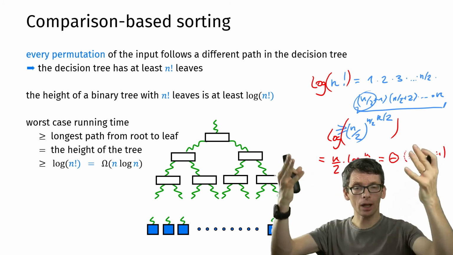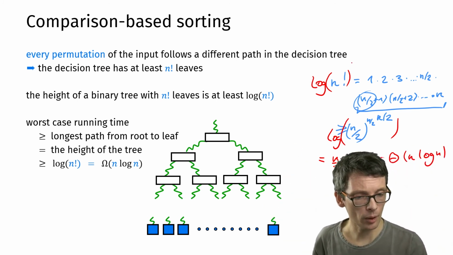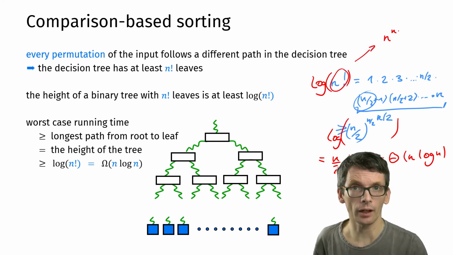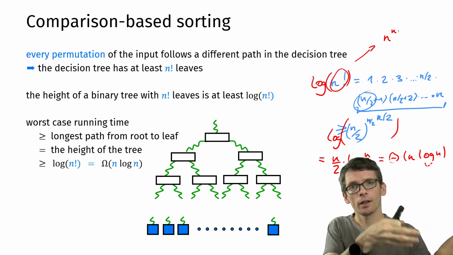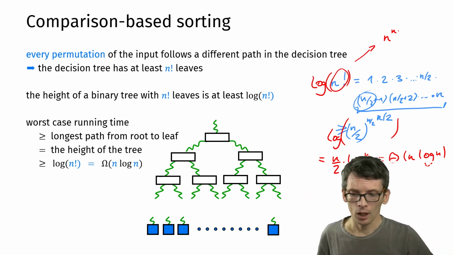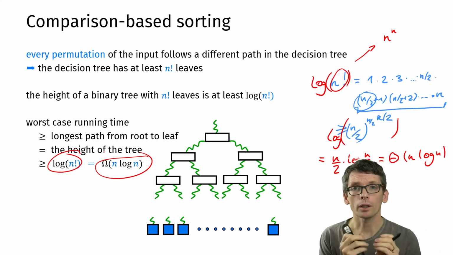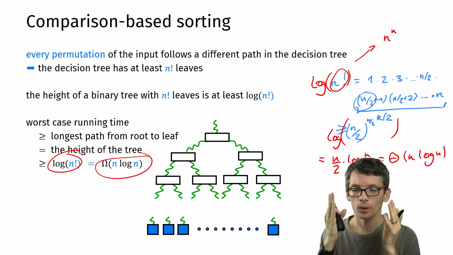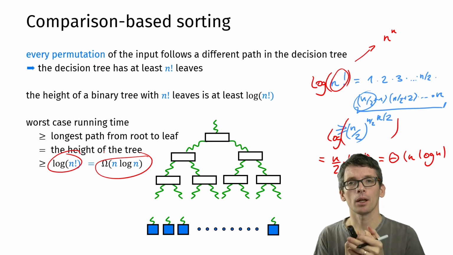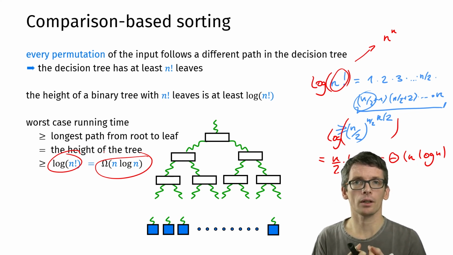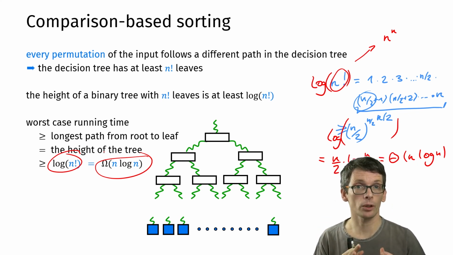N log n is also an upper bound because there's an upper bound here for n factorial. So n factorial is smaller than n to the n. And if I take the logarithm of that, I get n times log n. So log n factorial is of order n log n. What do we see here? We see that the worst case running time is at least order n log n. This is exactly what we wanted to show.